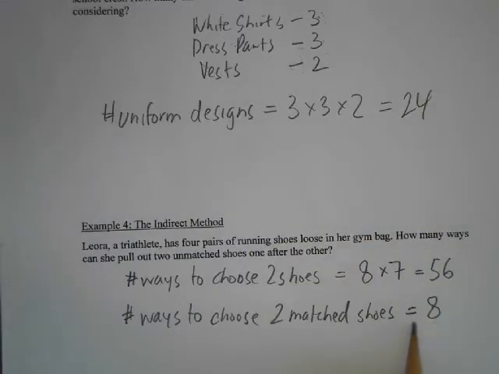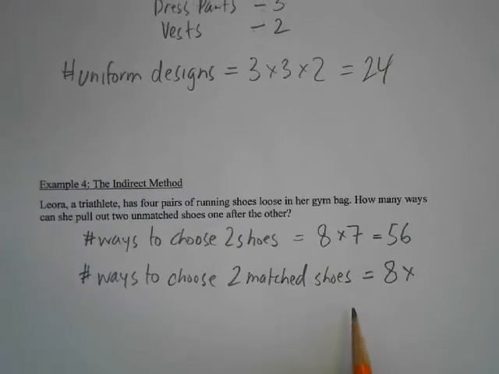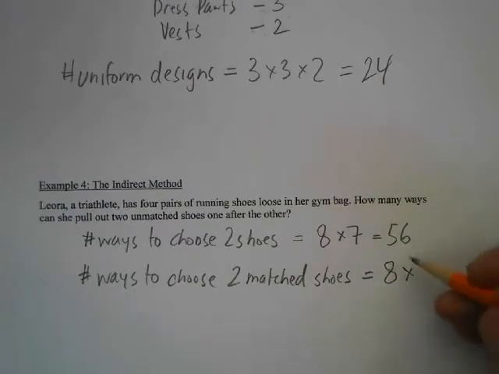Now, in order for the second shoe to be matched, it's no longer 7 because there's not 7 shoes that match the one we just took out. There's only one shoe that matches. For example, if I pulled out the left blue shoe, out of the 8 shoes, there's only one match, and that's the right blue shoe out of those 7 shoes.